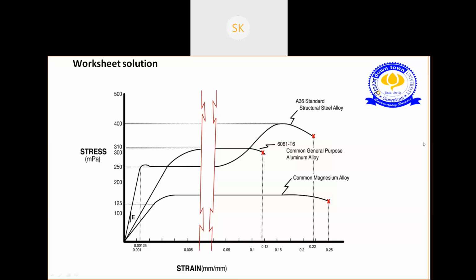The yield stress is not visible in this curve, so they have taken the offset. Suppose from here to here, this is the 0.2 point. I have marked it.